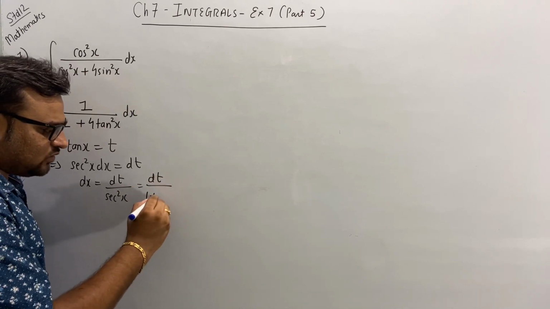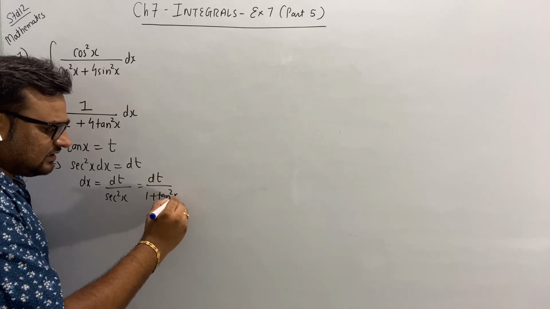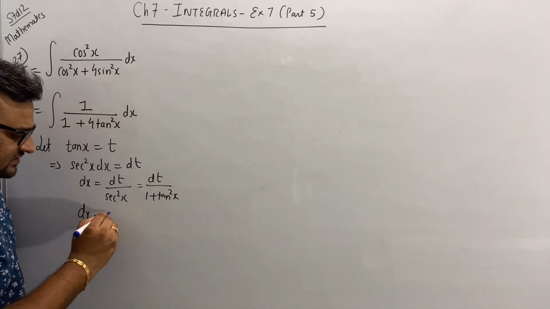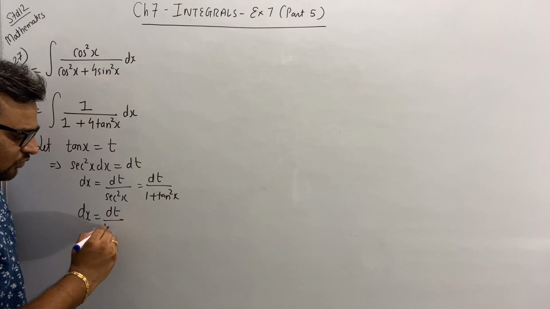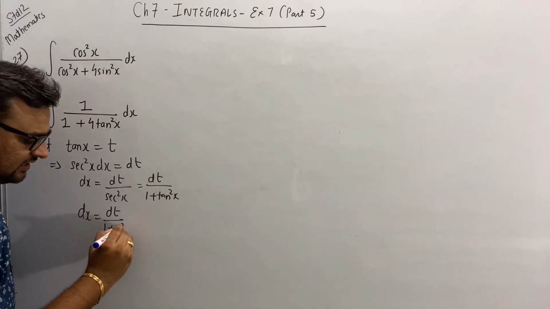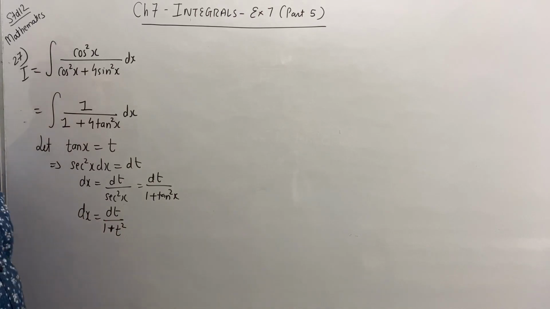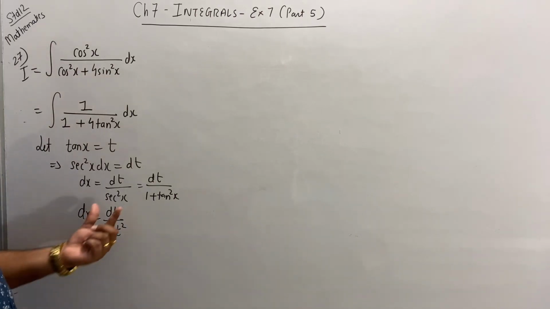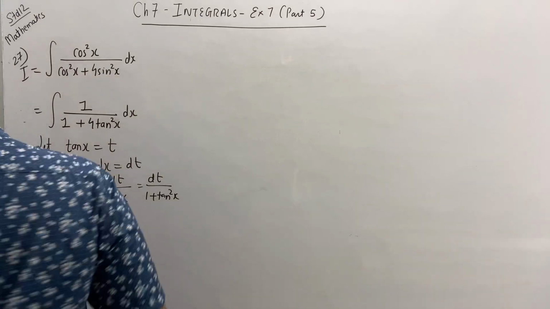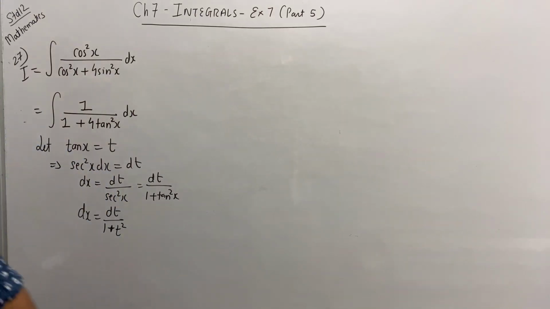Sec square x means 1 plus tan square x. So now dx is equal to dt upon 1 plus, what is tan x? t, t square. Got it? So I got dx as dt upon 1 plus t square. Now, what is the limit? I just forgot to put the limit. It's 0 to pi by 2.